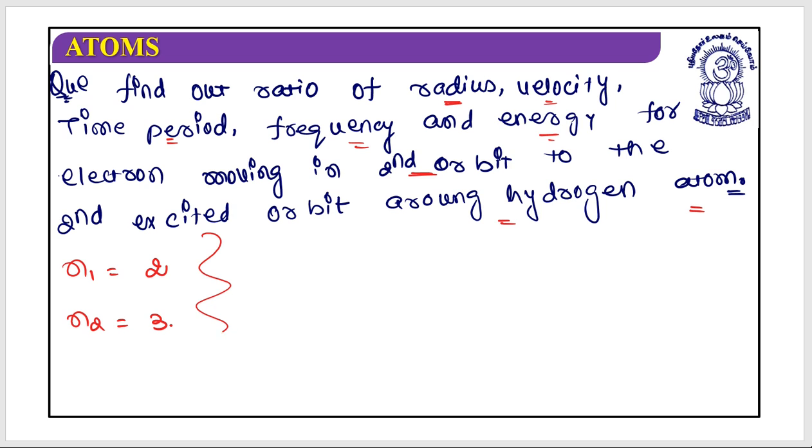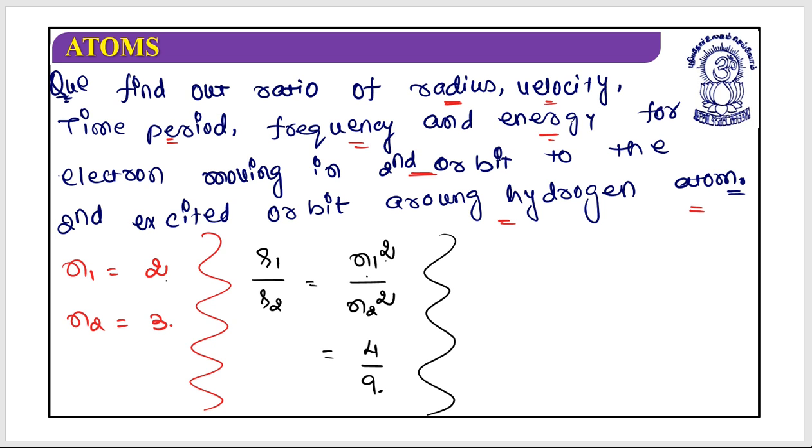So r1 is to r2: r is directly proportional to n square by Z, but here both are revolving around the hydrogen atom only, so it is n1 square divided by n2 square. That is 2 square is to 3 square, so 4 is to 9. This is the ratio of the radius.